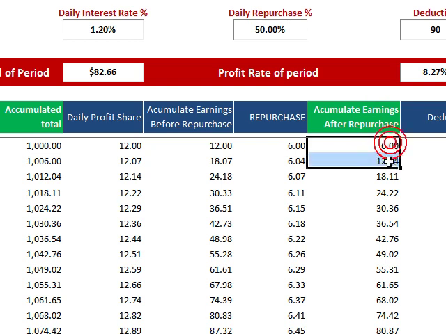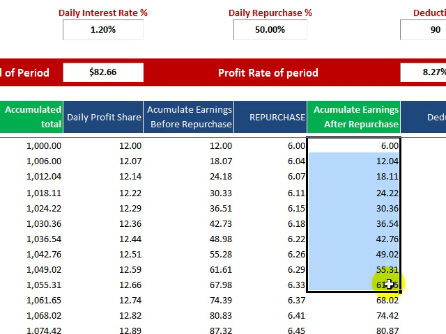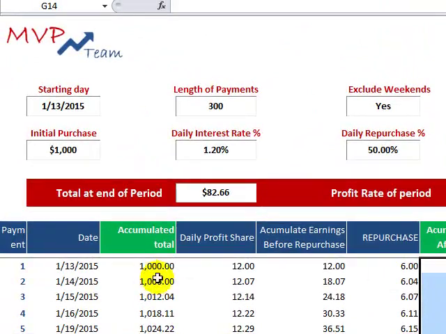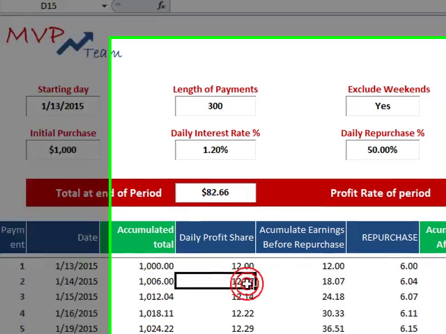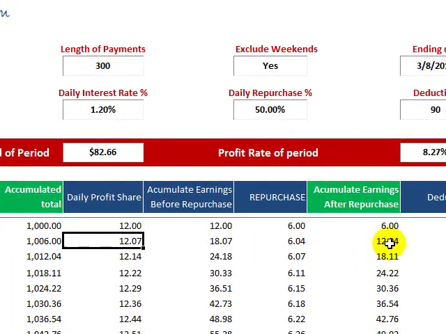This column is what you are cashing out, or in our company's terminology, what you're transferring to your virtual account, because the money will go directly into the MID funds. On day 2, it's 1,006. You're making $12 on the daily pay, and now your accumulated earning is up to $12.